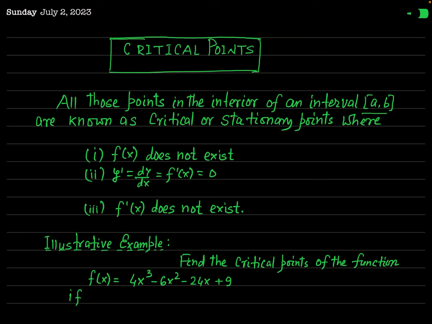You know that a and b are the boundary values of this interval, and a boundary value will never be a critical point. The value of x which lies between a and b will be the critical point, or stationary point, of a function. This critical point is also called a stationary point.